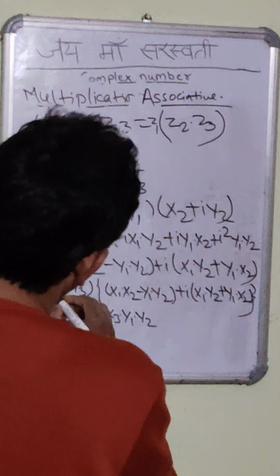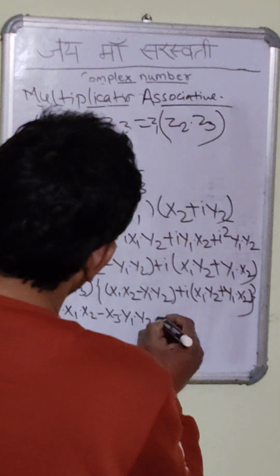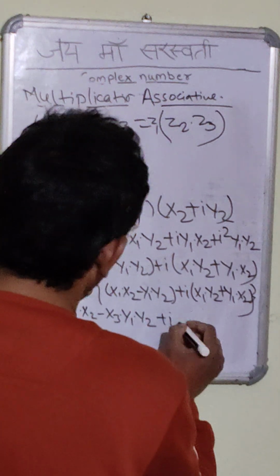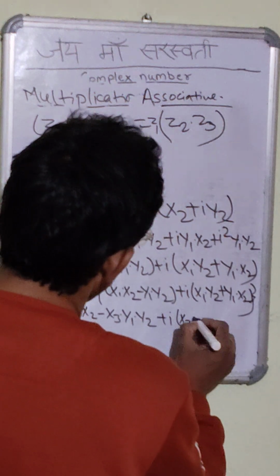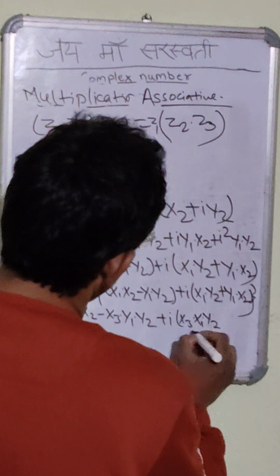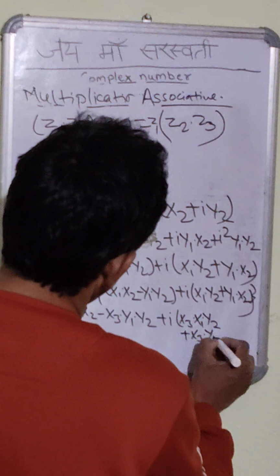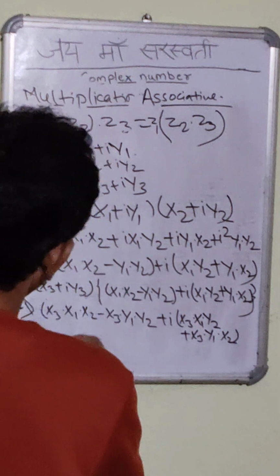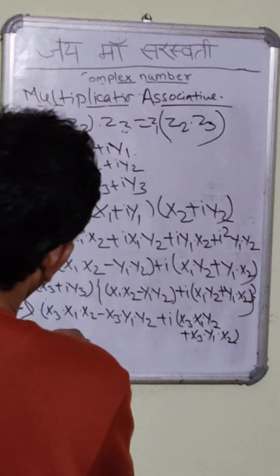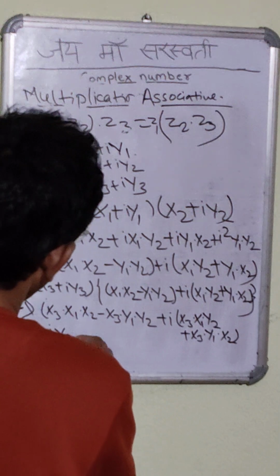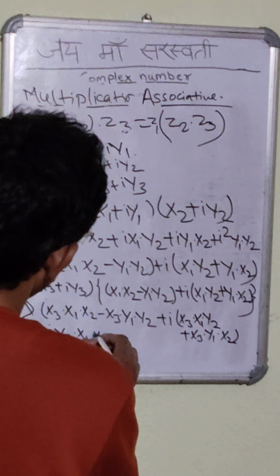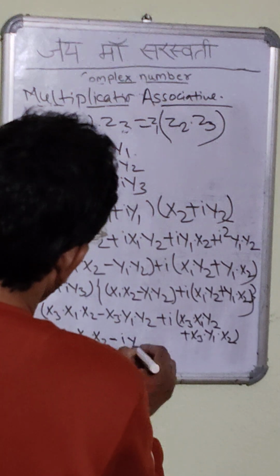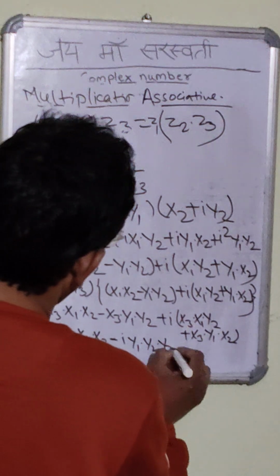Again we are multiplying, plus i times x3 into x1 into y2 plus x3 into y1 into x2. Understood? Now we are using this part: plus i y3 into x1 into x2, minus y1 into y2 into y3.